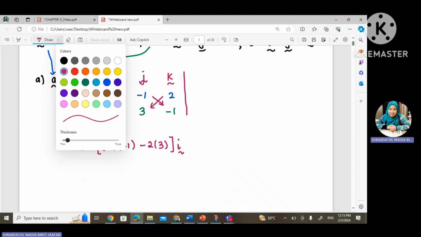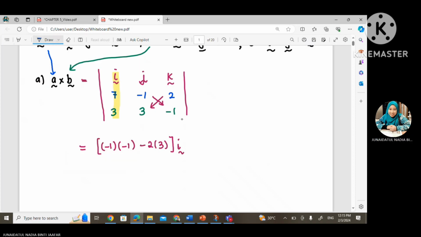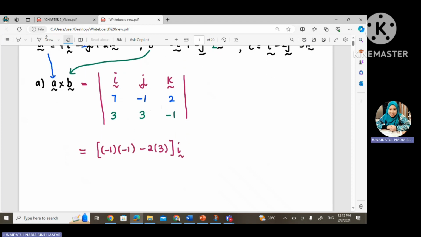And then to calculate j, we must subtract. The signs here are positive, negative, positive. So for i, we add a positive sign in front, or we don't have to write it because it is positive.